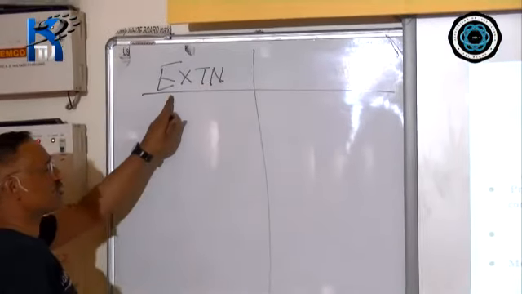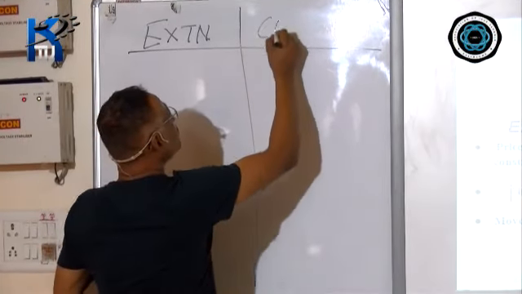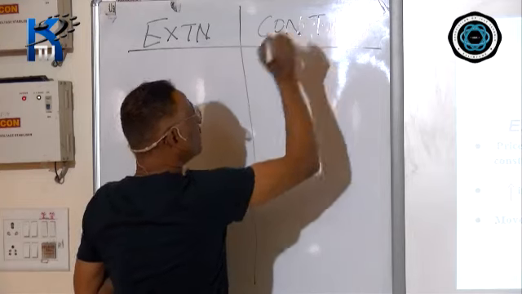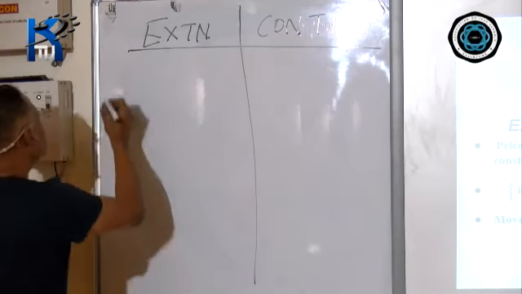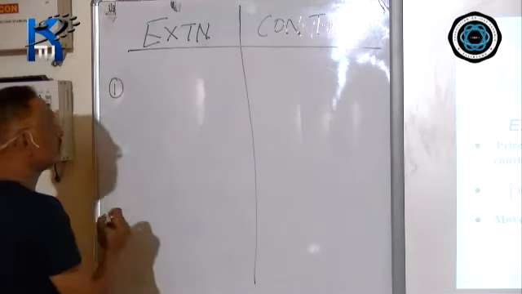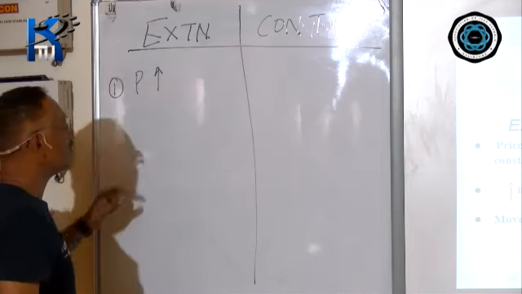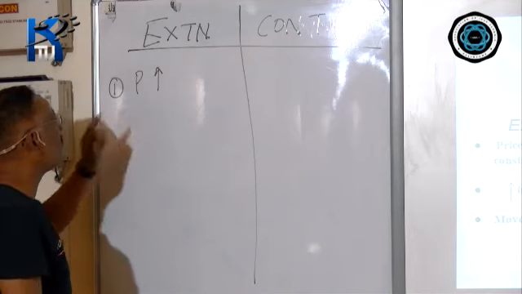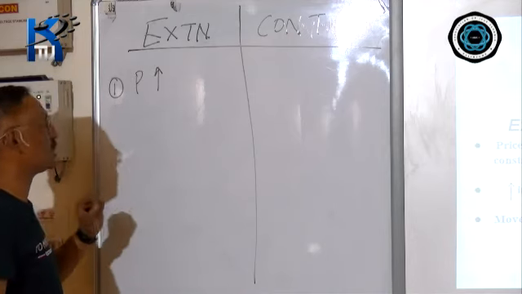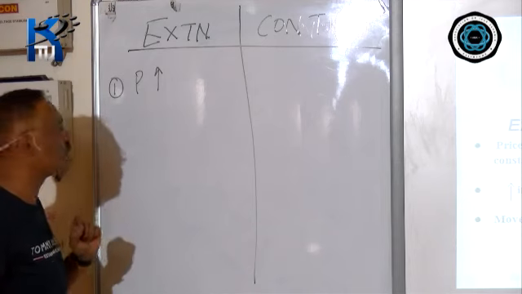So this is your extension and this is your contraction. The first thing in extension you should know is that the price will increase, and all the other factors will remain constant. There is no change in the income of the consumer.